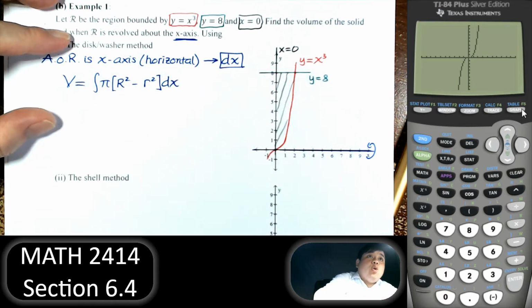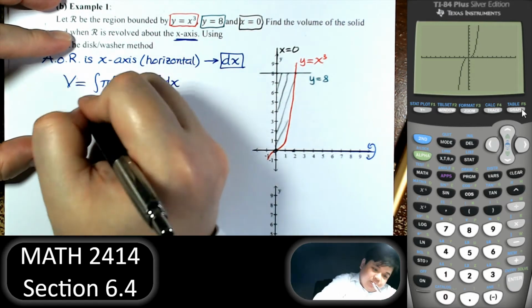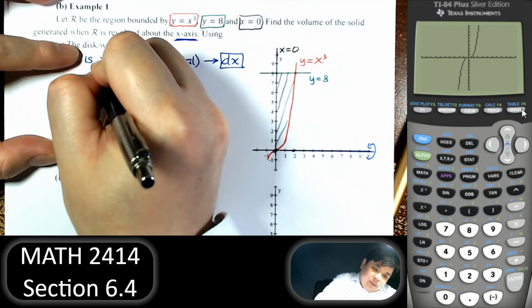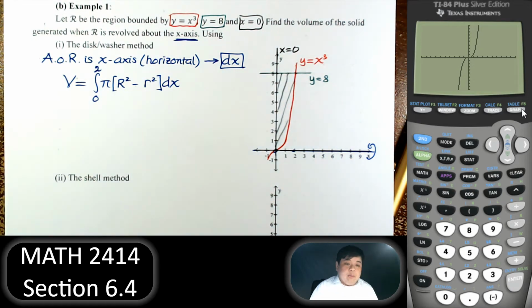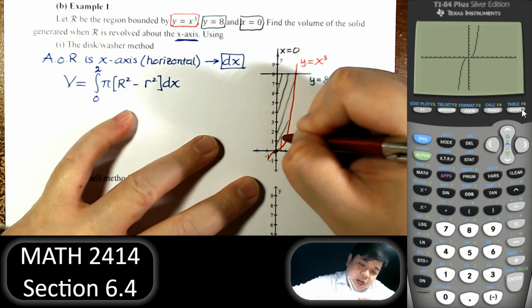Also, when we know x, we know the limit is from 0 to 2 for that region R. Now, big radius, little radius. The big radius is from the axis of rotation to the outer edge.